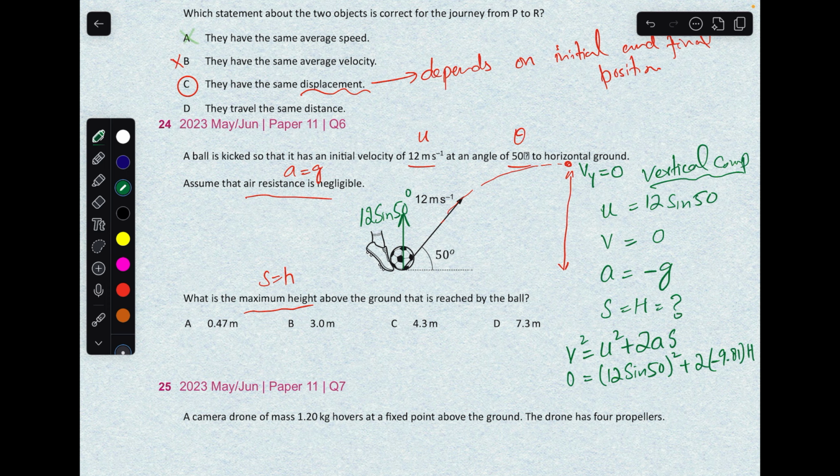So h will be equal to 12 sine 50 whole squared divided by 2 into 9.81. When you calculate this, it will give you 4.2 something, so option C. Okay, let's move to the next question.